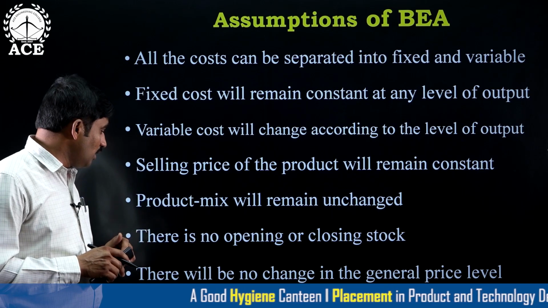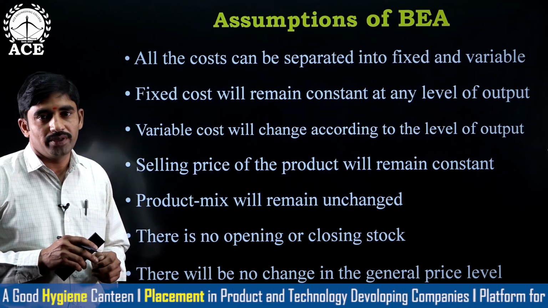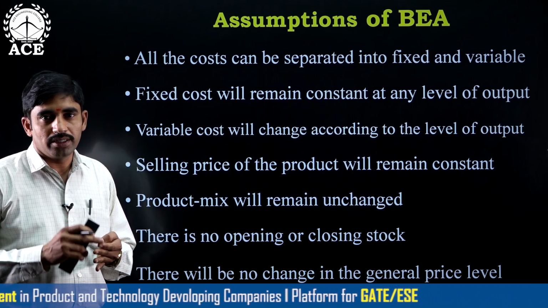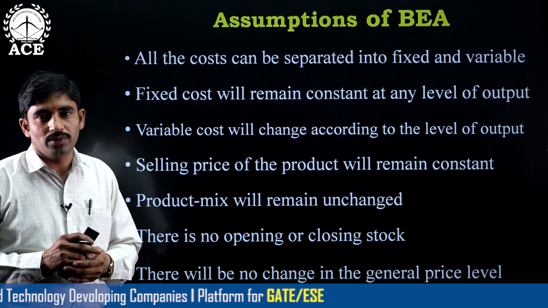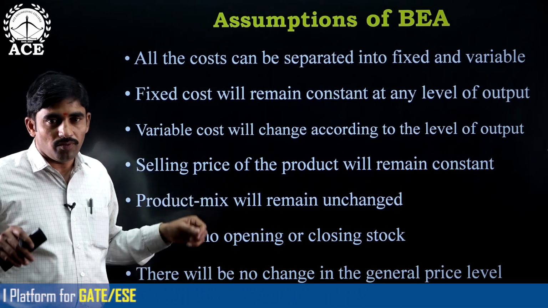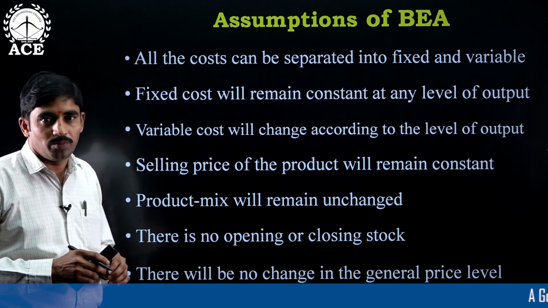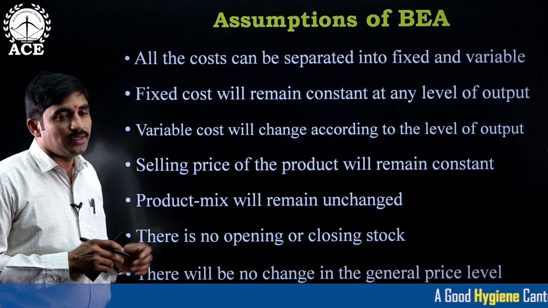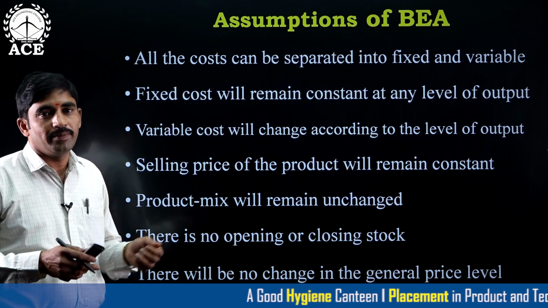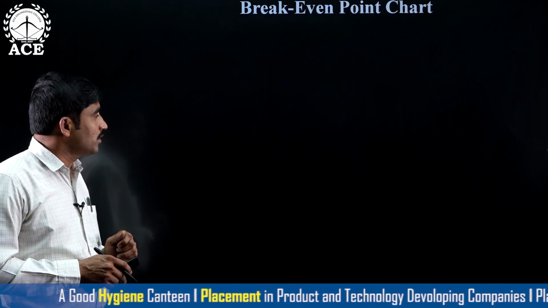And most importantly, there will be no change in the general price levels of inputs. In terms of raw material, fuel, water, gas, whatever inputs we are using or consuming for producing the product, the prices of all these inputs will not change. This is also very important. So these are some of the assumptions that we need to consider at the time of calculating or determining the break-even point by using the break-even analysis concept.